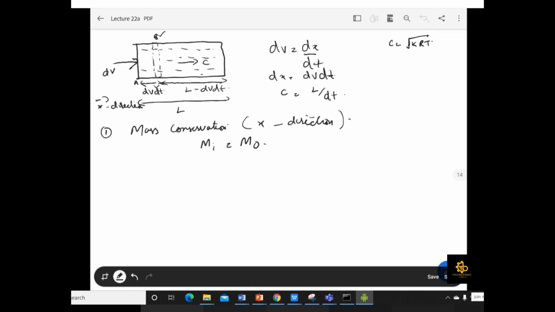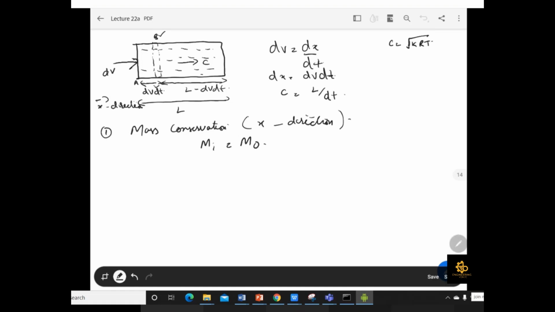Now another important thing is that I can take a control volume of that specific wave which we are talking about. That wave is formed when our piston moves towards point number B, so definitely there will be a compression now. After compression, what happens to our control volume?